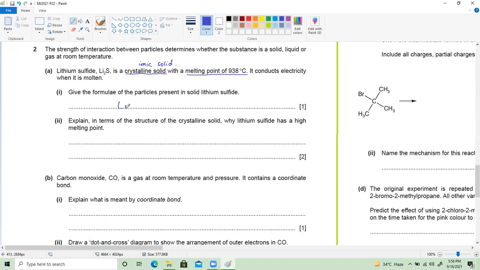So we know that Li2S होगा ना. Lithium ion होगा, one of the particles in lithium sulfide, and sulfide ion is what? Sulfur having a 2 negative charge. This is the sulfide ion. Do you get it, bete? अच्छा. It's different, bete. जो SO4 2 negative होता है, that is called the sulfate ion.